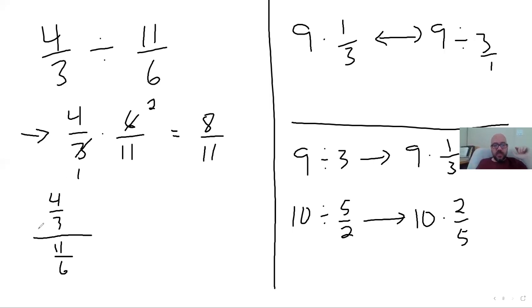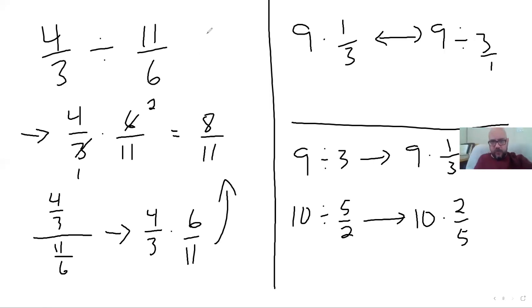If you see this, get scared by it, and think to yourself, oh my God, what do I do? Well, just do this. The thing on the bottom is whatever you're dividing by, flip that over and multiply. So this goes to this, 4 over 3 times 6 over 11, and then you get that 11. So you can write division either way.